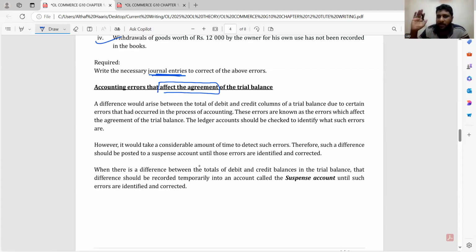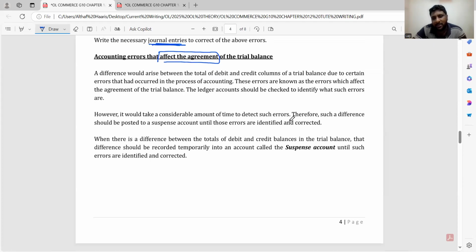In all the previous questions that we discussed, the debit column total and the credit column total were the same, even though you have certain errors. So when you look at the trial balance, you will feel like your accounts are correct, but they can be wrong.